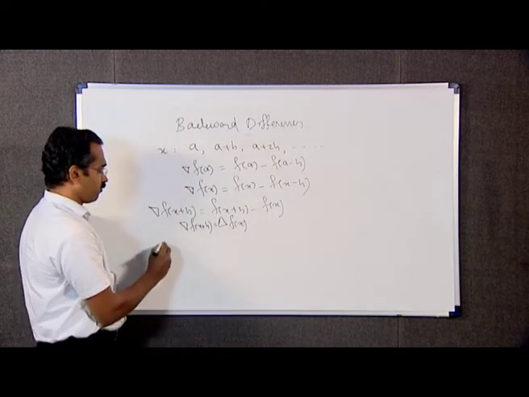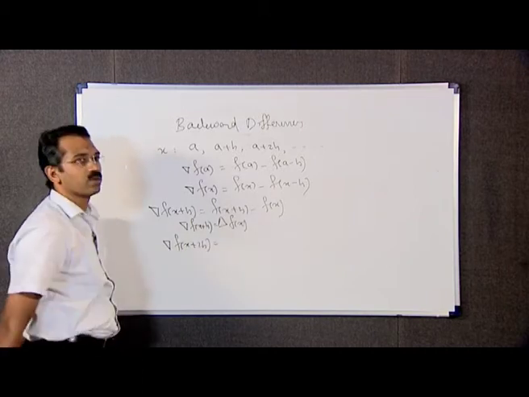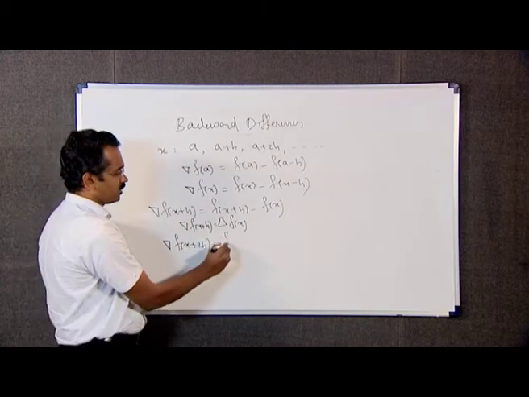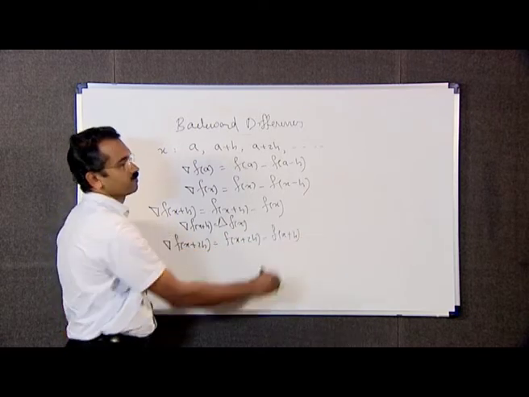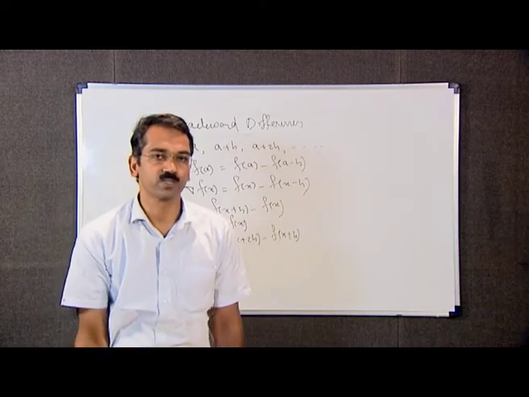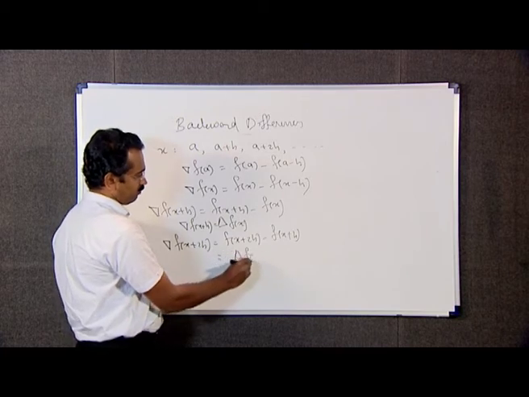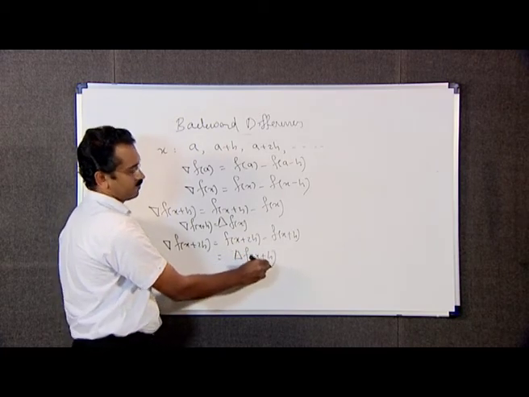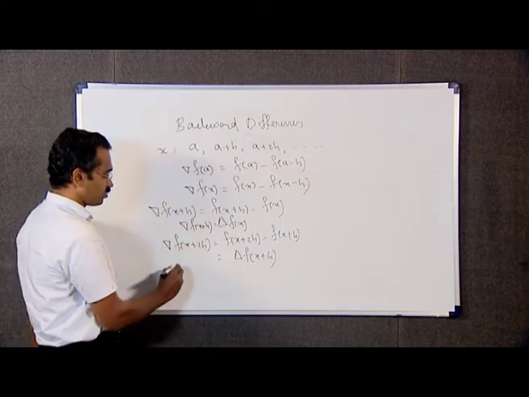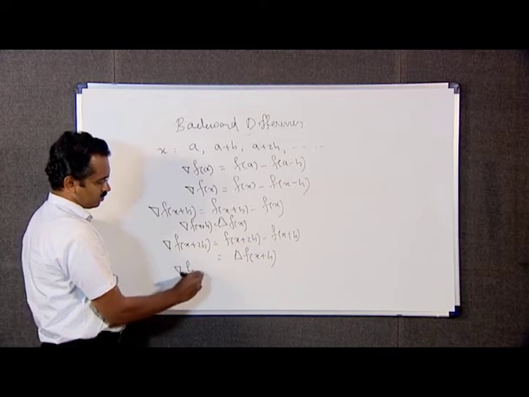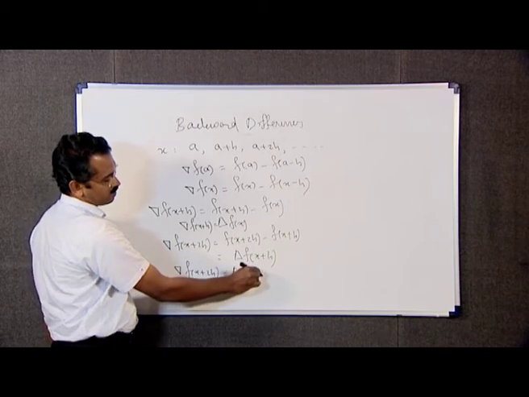Now, del f of x plus 2h is equal to f of x plus 2h minus f of x plus h. This is our delta f of x plus h. That is, del f of x plus 2h is the same as delta of f of x plus h.